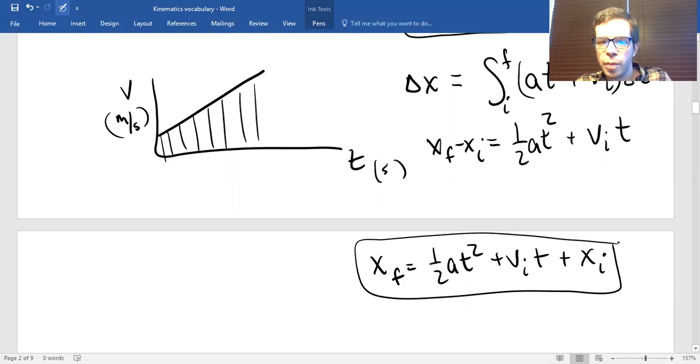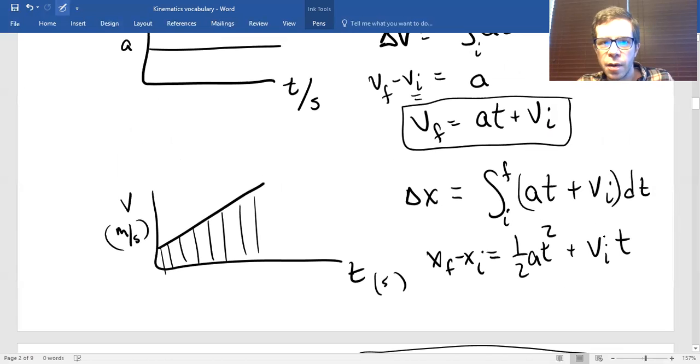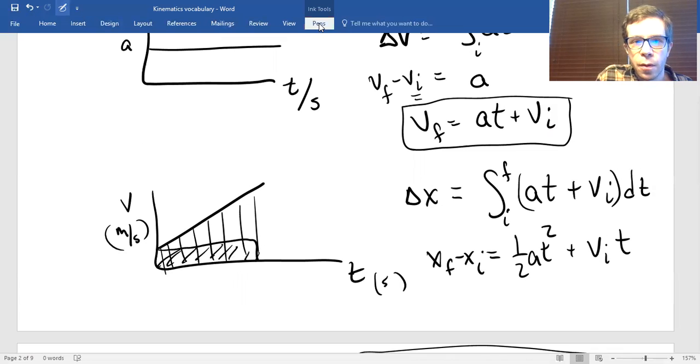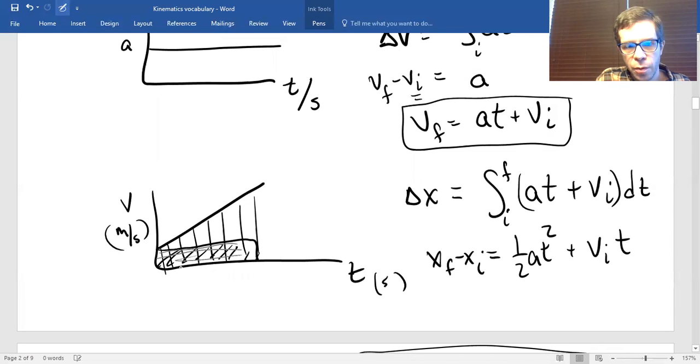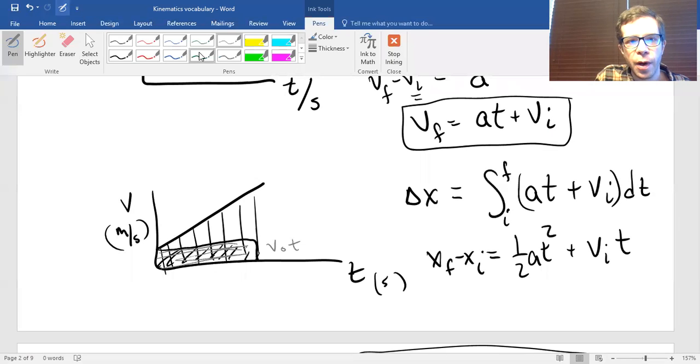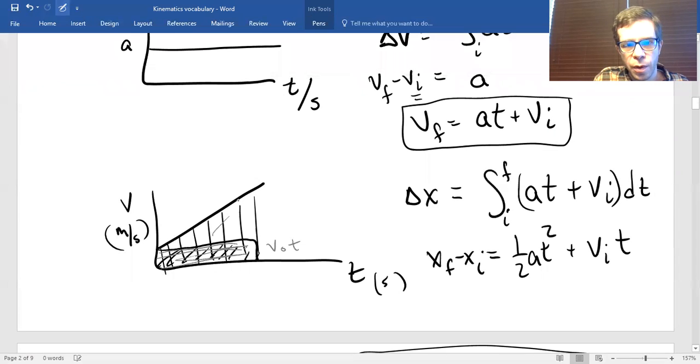That gives us our two main kinematics equations. And let's look at how that comes from our graph, right? If we look at our graph, this area in blue here is v naught times t. If we look at the triangular portion of our graph, in green here, well, it didn't change color. In green here.